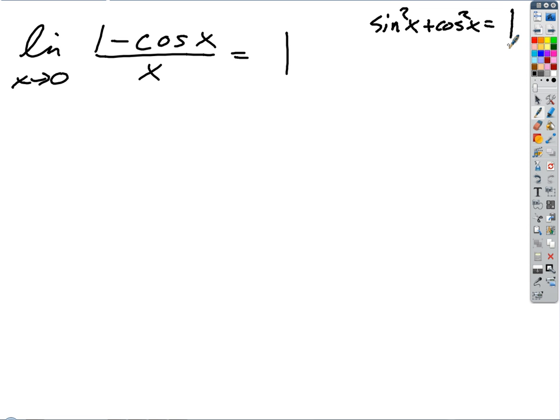So now, does that give you any ideas? Could I multiply top and bottom by something in such a way that I could turn the top into a trig function squared? This is right up Juan's alley. He had something like this the other day.